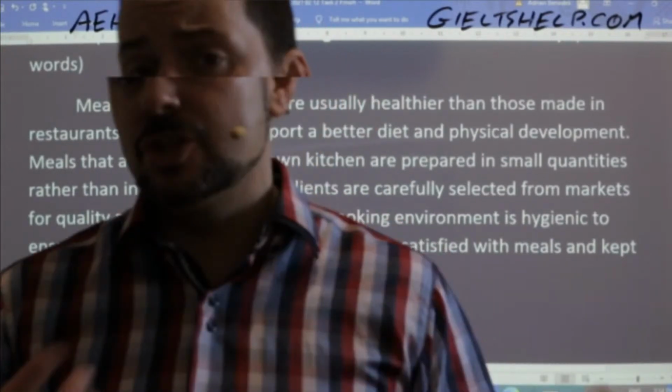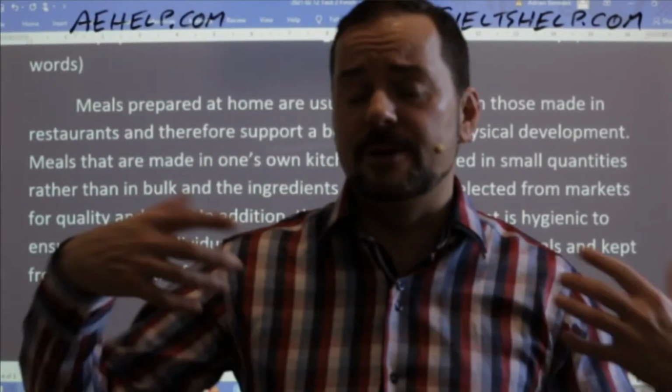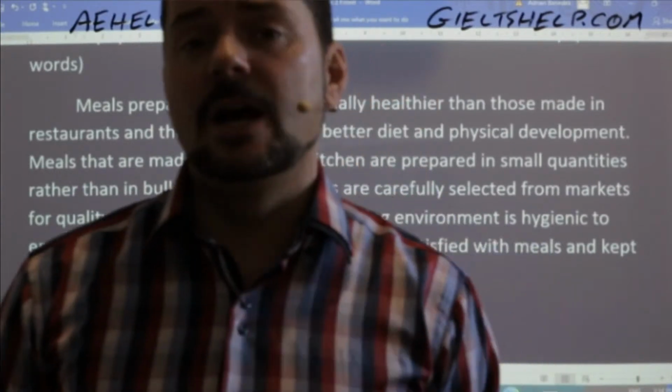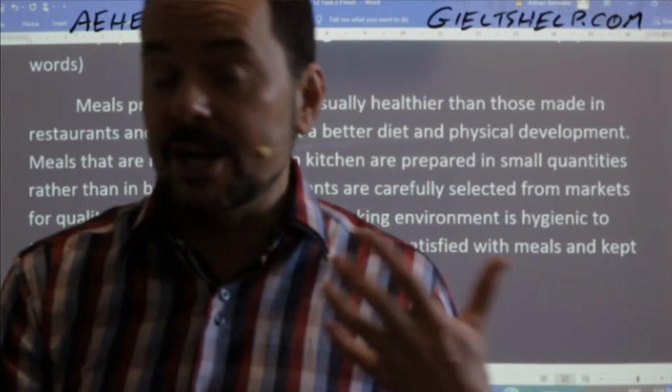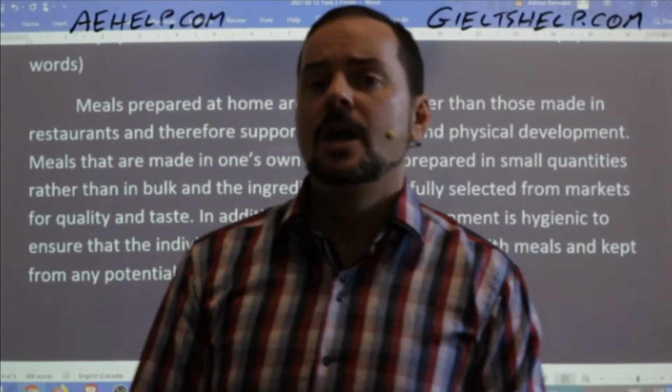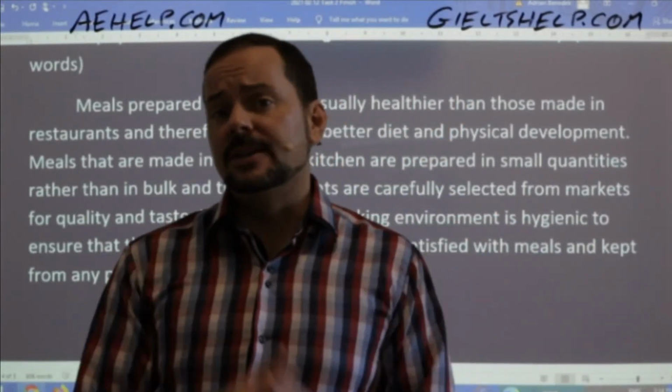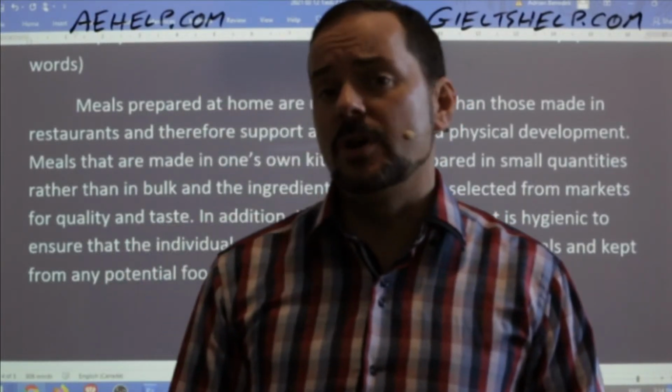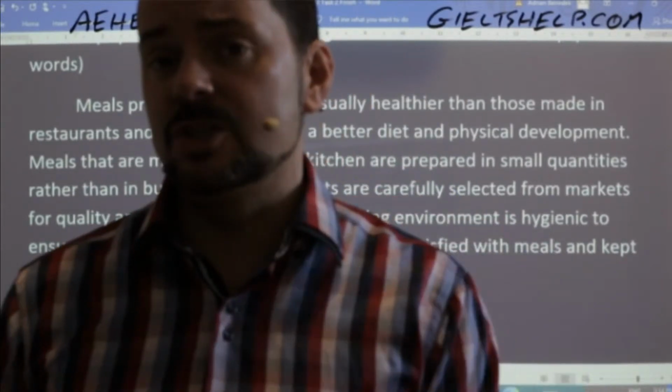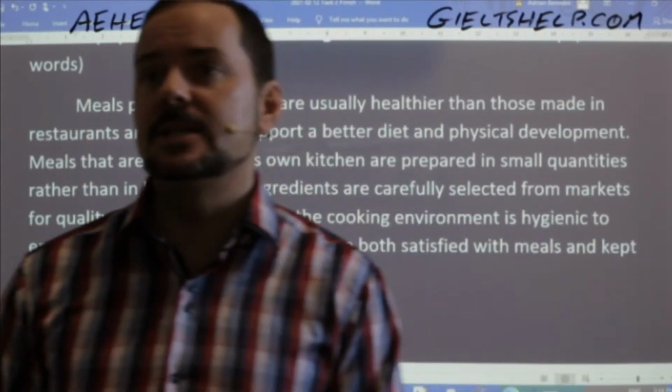And I'm visualizing, of course, right? Restaurants prepare meals in large quantities. They are often in a rush to get food to the table. At home, people tend to take their time a little bit more. They're not as much in a rush. They pay attention to selecting the ingredients, and we see all that, right?